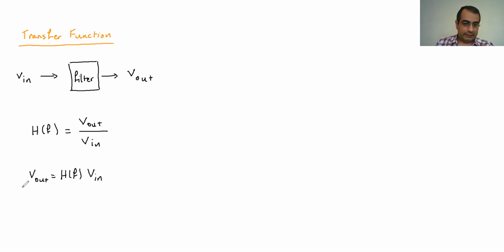But remember that it is written in the frequency domain. Here, if I want to expand this, what I have is V out as a function of F compared to the input signal as a function of F.